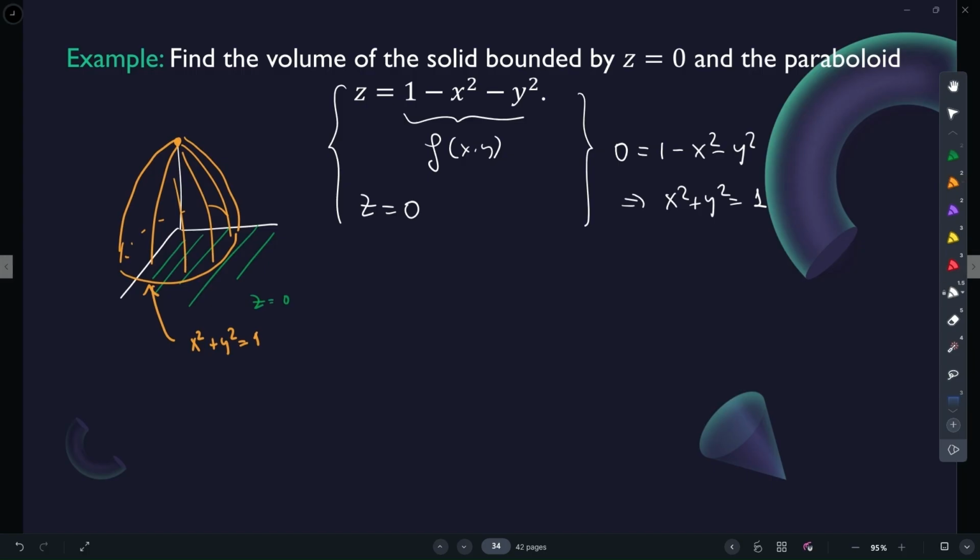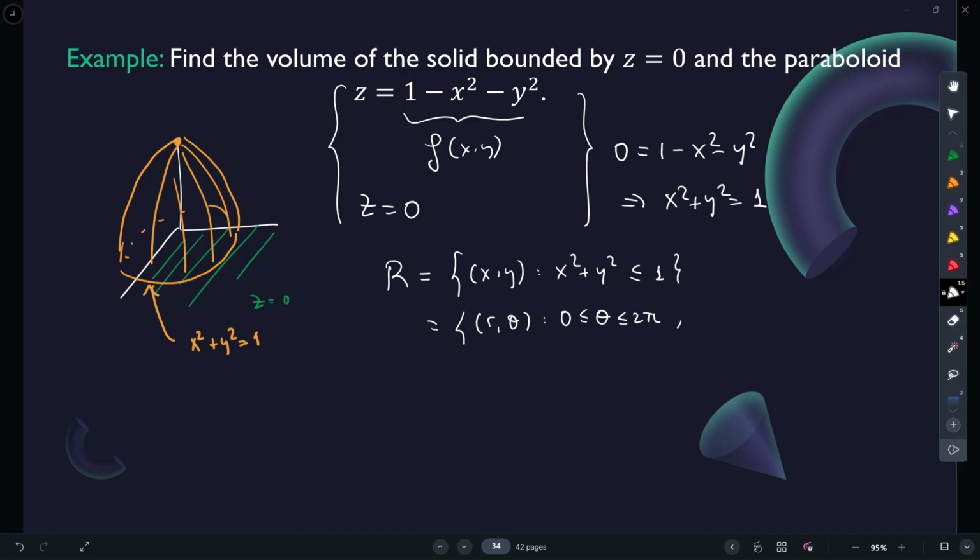So the region I'm integrating over is the circle x squared plus y squared less than or equal to 1, which in polar coordinates has theta going all the way around to 2 pi, and the radius going up to 1.